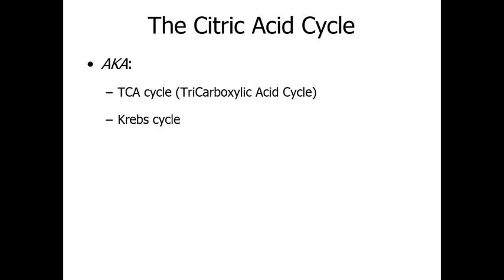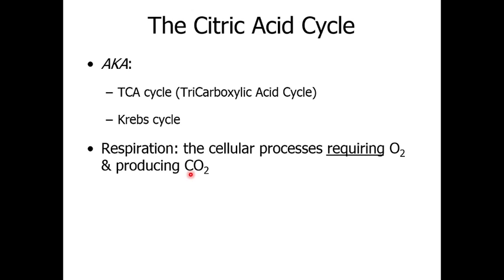The citric acid cycle is also called the TCA cycle or tricarboxylic acid cycle. It is also called the Krebs cycle. So, 3 different names. Respiration is the cellular process requiring oxygen and producing carbon dioxide.